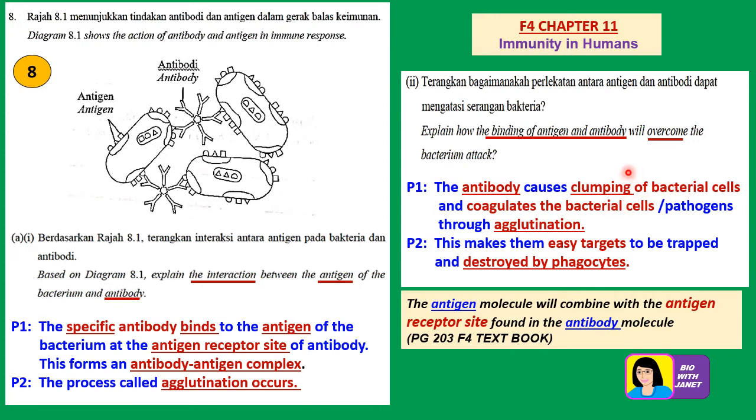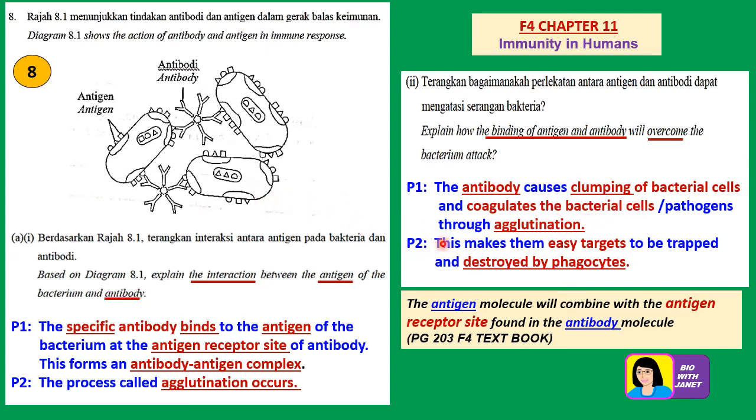Now this is the common term used in most biology books. The textbook uses the word coagulates the bacterial cells. So I suppose if you write coagulates the bacterial cells, it's accepted because it's in the textbook. But the common term used is clumping, so write both down. Clumping of bacterial cells coagulates the bacterial cells, and the process is called agglutination, as seen here.